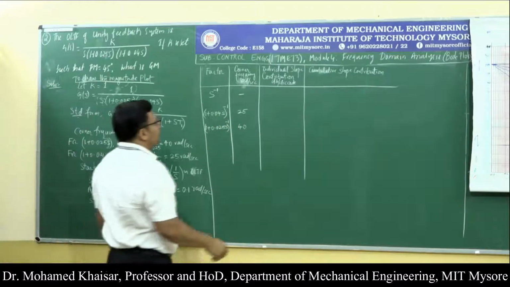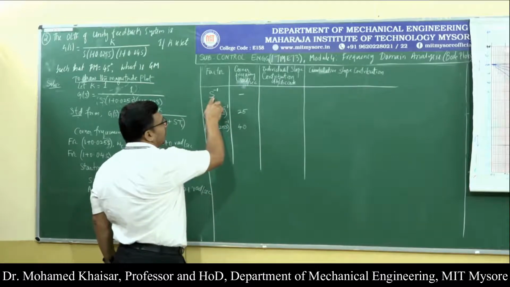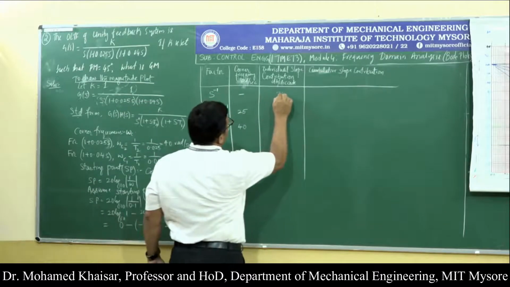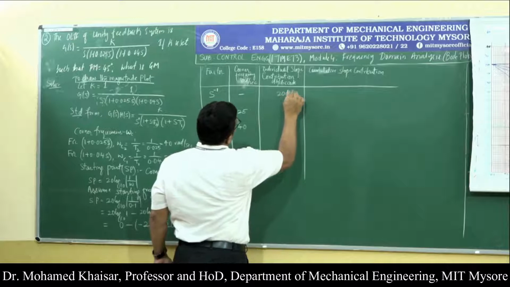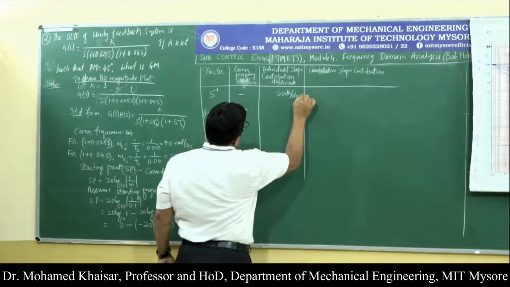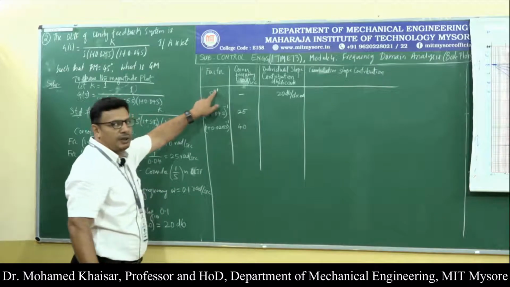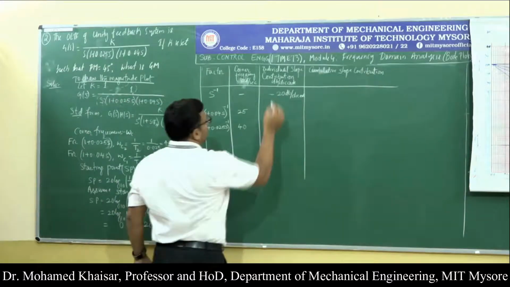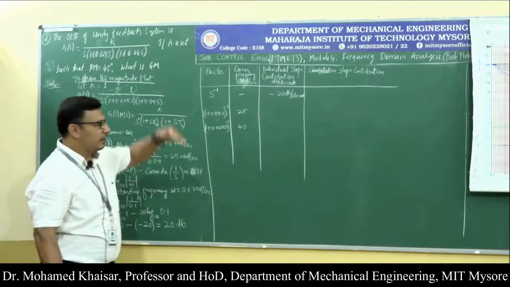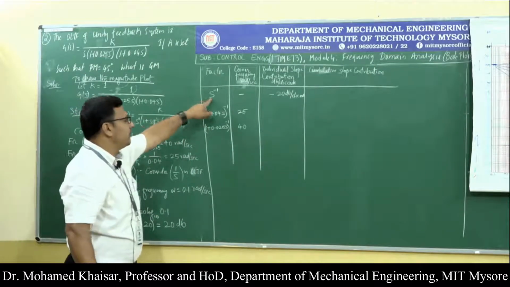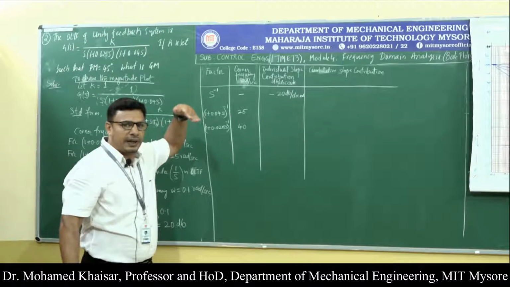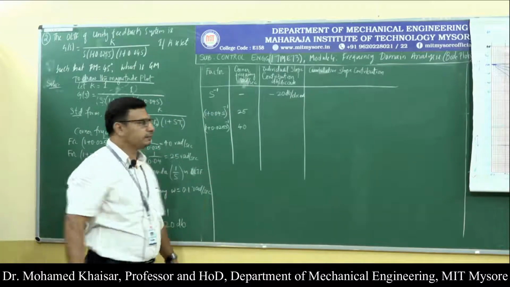What will be the individual slope contribution? For S to the power 1, 20 decibels per decade will be the slope contribution. Since it is present in the denominator, it has a negative sign, so it will be minus 20 decibels per decade. That means the magnitude contribution for the factor S will be a negative slope, going down.